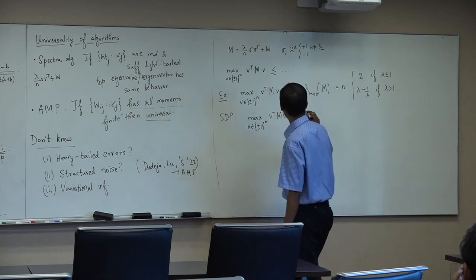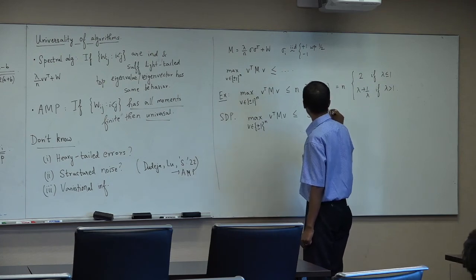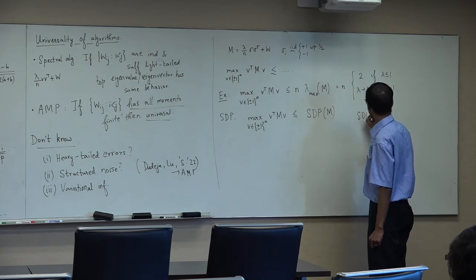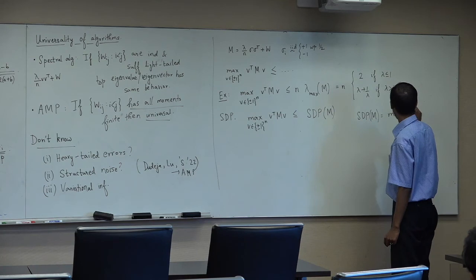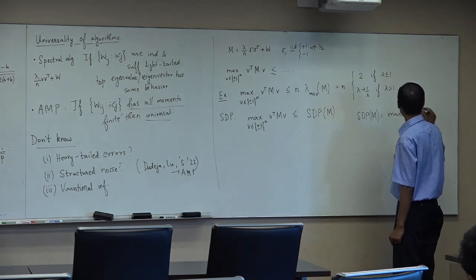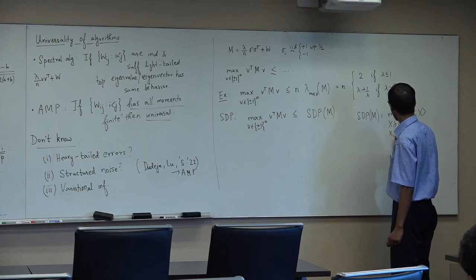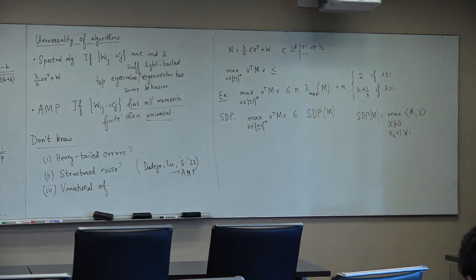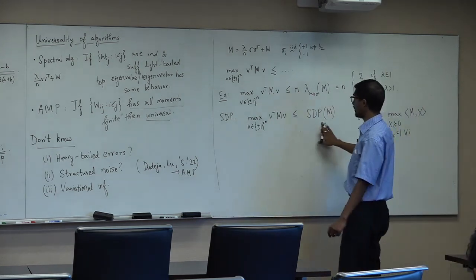This is less than what I'll denote as SDP of M, where SDP of M is basically the maximum of the trace of M X subject to X positive semi-definite, X_ii is 1 for all i. This is exactly the relaxation that I looked at. So this is an optimization problem. Provably, it's always smaller than this thing, right?